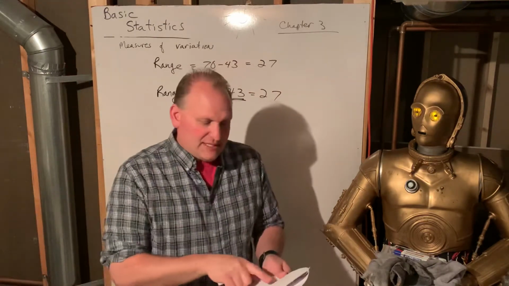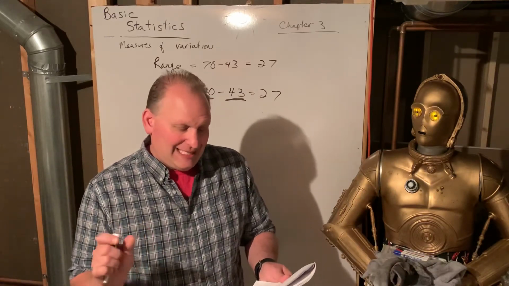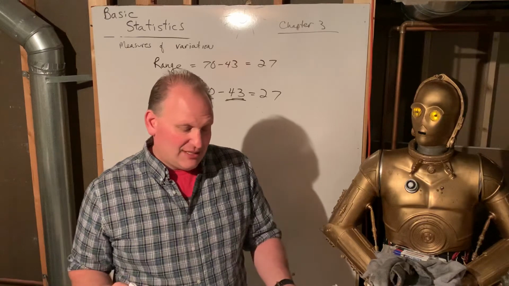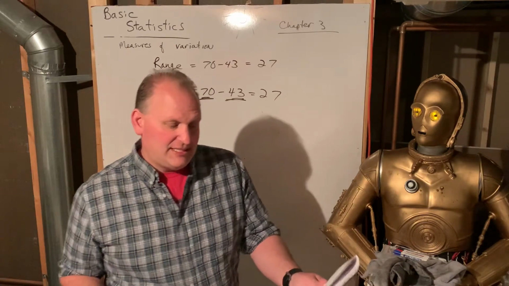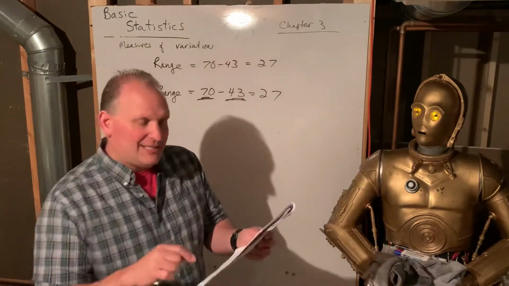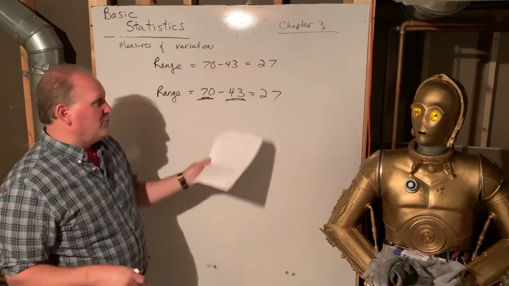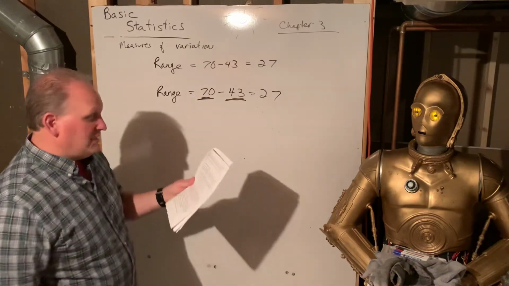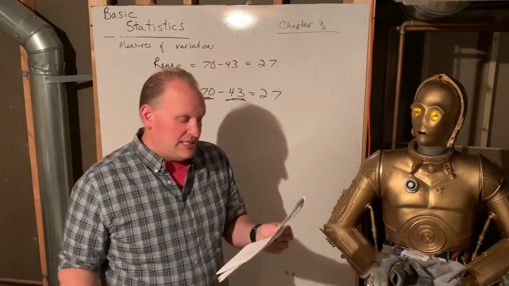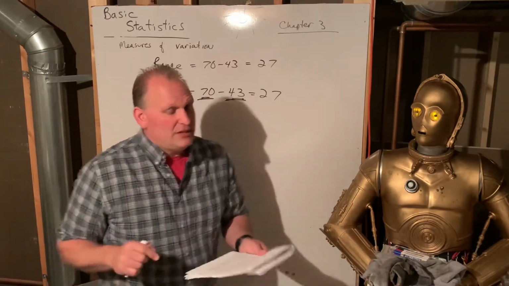But unlike the president's age, where it's kind of all over the place, this one is really tightly knit. It looks like it's really around the 60s. So it's grouped together more closely. So if we looked at standard deviations of the two sets, that would separate them from each other, as one is more varied than the other, where the ranges are identical. So watch out for range. It can be a little misleading.